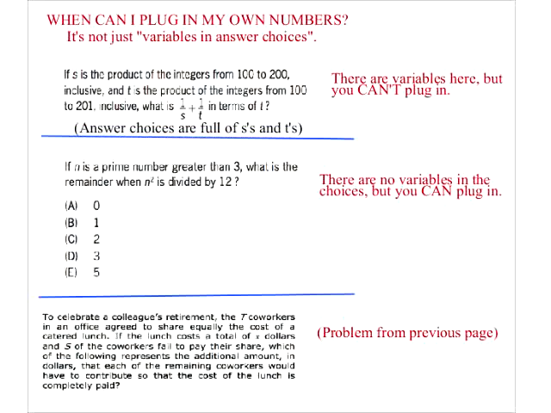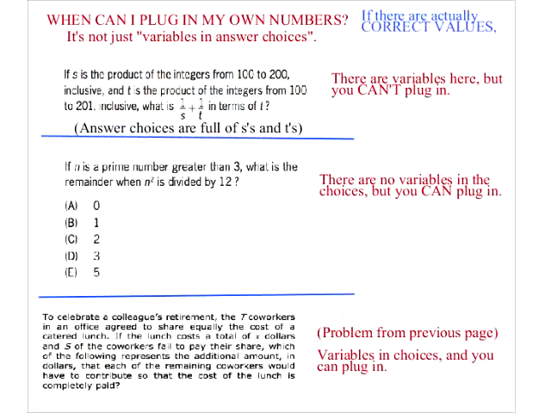So that's the real issue. The real issue is if you can't find the values. If there are actually correct values, then you cannot plug in.